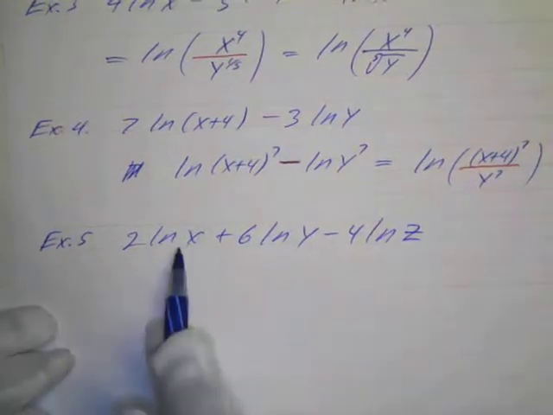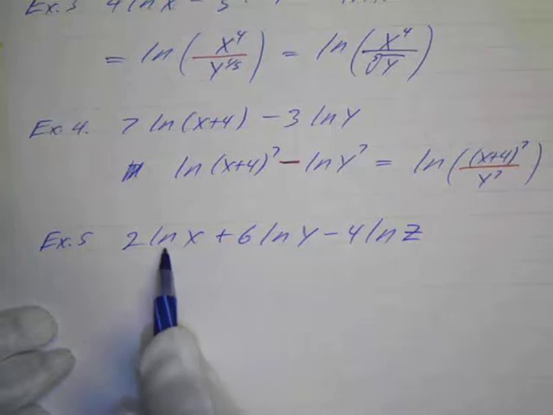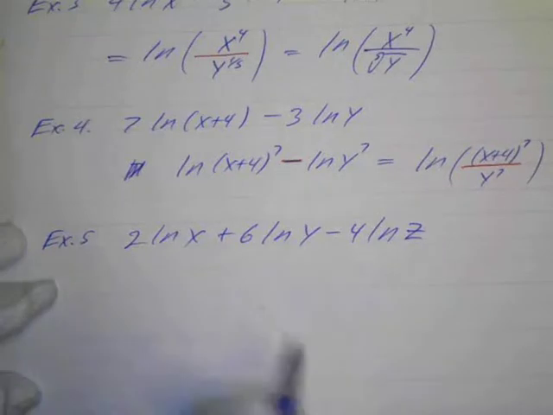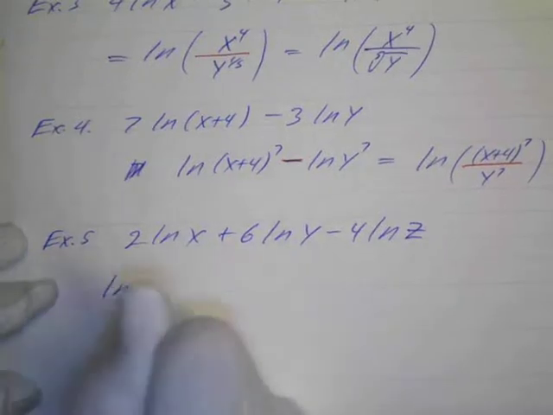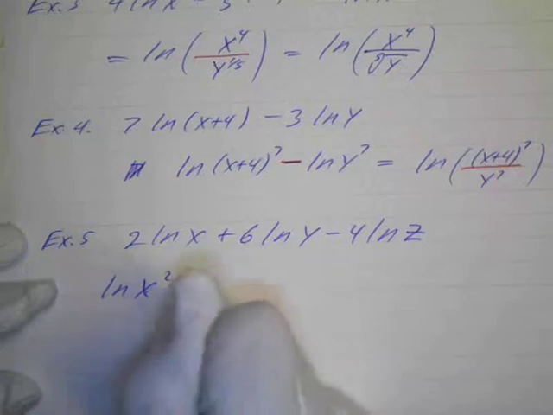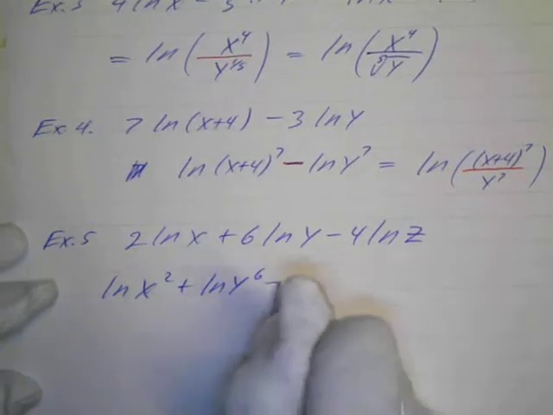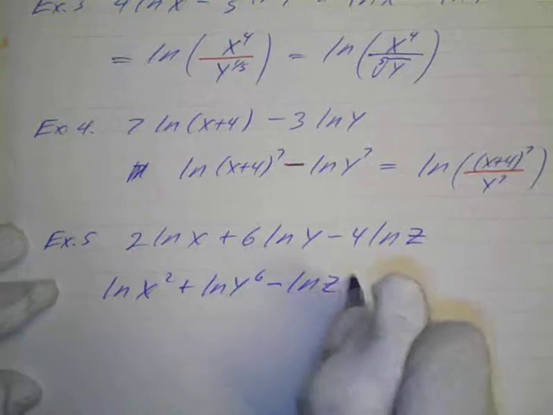Now these could be log to the base 3. It's just ln is a little bit shorter to write, but it's the same thing. So the first thing we're going to do is put all these exponents back up. So we have the natural log of x squared plus the natural log of y to the 6th minus the natural log of z to the 4th.